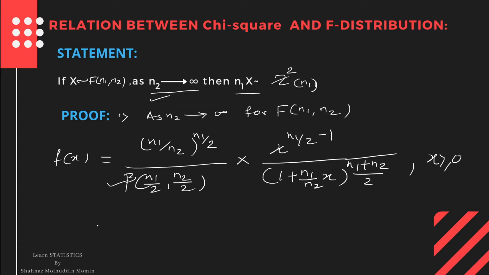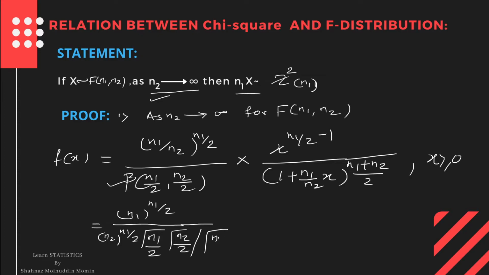So this is equal to n1 raised to n1 by 2, divided by n2 raised to n1 upon 2, gamma(n1 by 2) gamma(n2 upon 2). This is divided by gamma((n1 plus n2) upon 2).